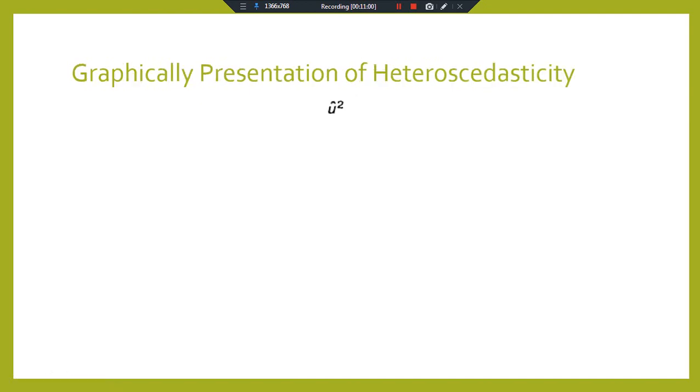Okay, let's discuss the graphical presentation of heteroscedasticity. If we have a graph, on the x-axis either we have estimated y, or we have an independent or explanatory variable, and on the y-axis we have the estimated variance.